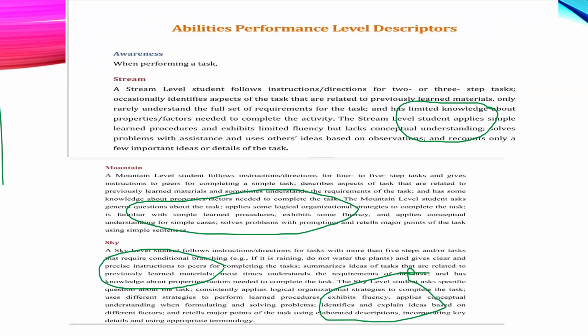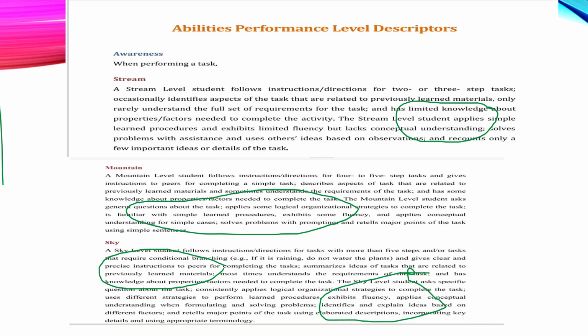Now, abilities, performance level descriptors. Now, how to describe where the child is. Can we grade them? Can we mark them? No, we cannot give them marks. We cannot give them grades. So Parakh has come up with this idea of stream, mountain, sky. Stream is basic level, and mountain is the proficient level, and sky is the advanced level.